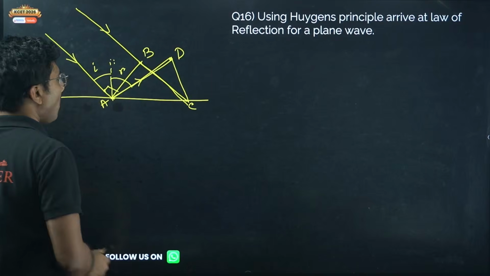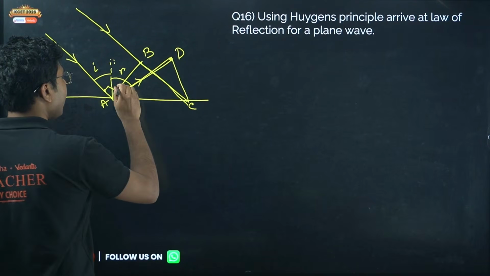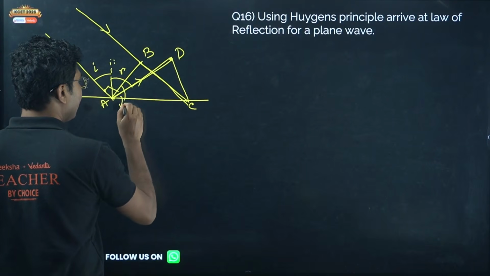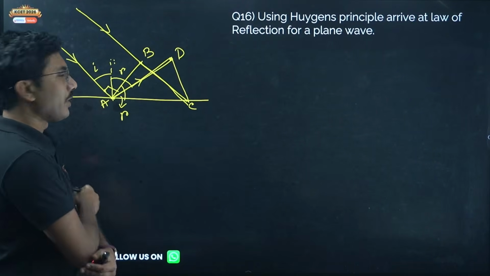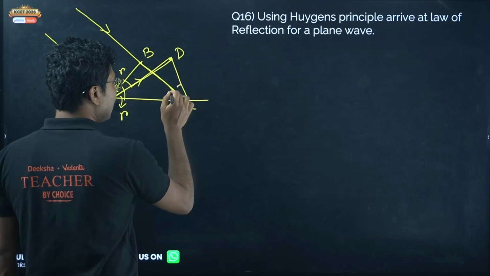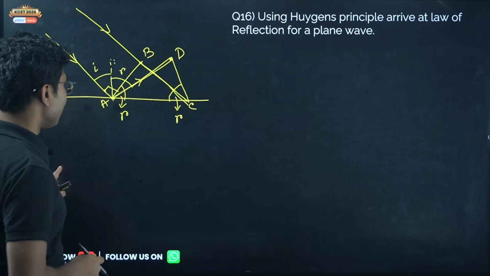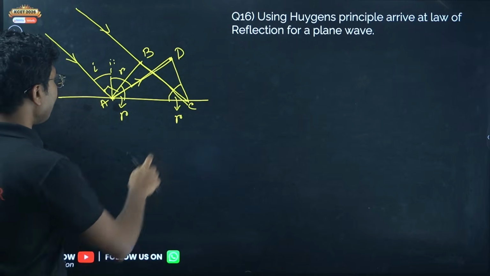Now one property of a wavefront: if the ray is making an angle I, the wavefront will make an angle I with the reflecting plane. Similarly, if the angle of reflection is R, then the reflected wavefront will make an angle R with the reflecting plane.